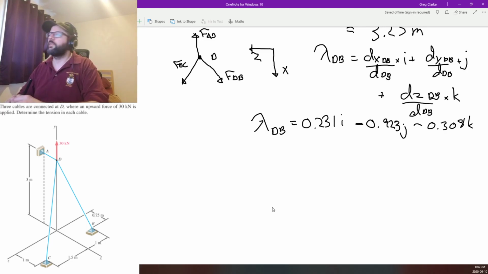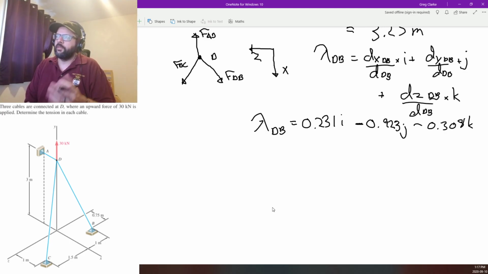That basically allows us to figure out what the individual force components are relative to the overall tension in that particular cable.